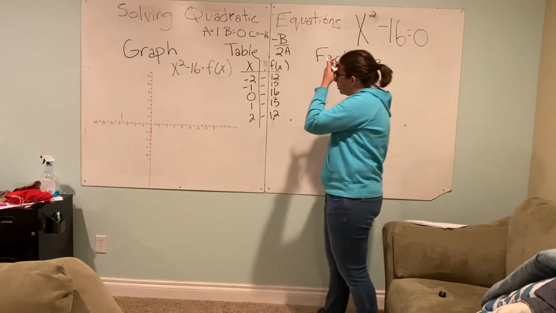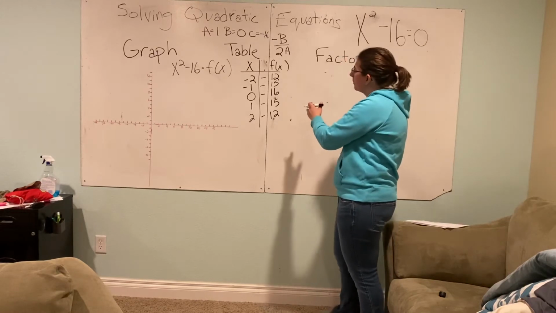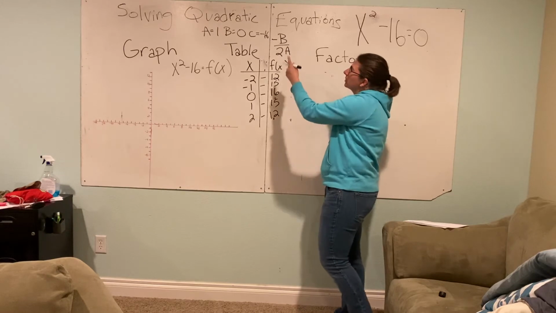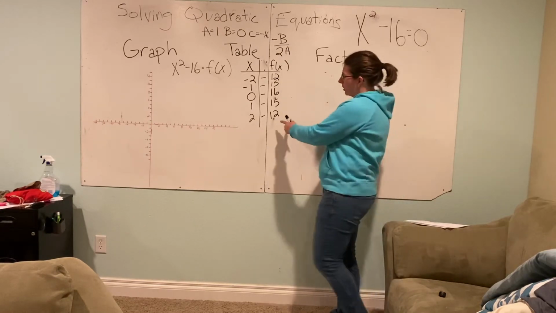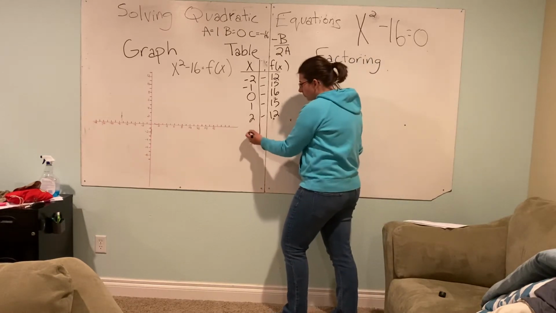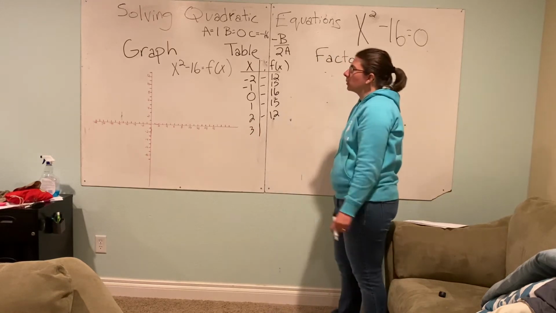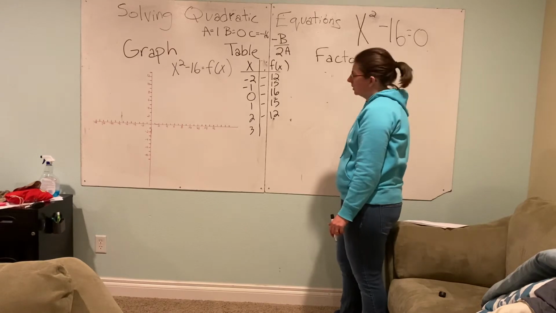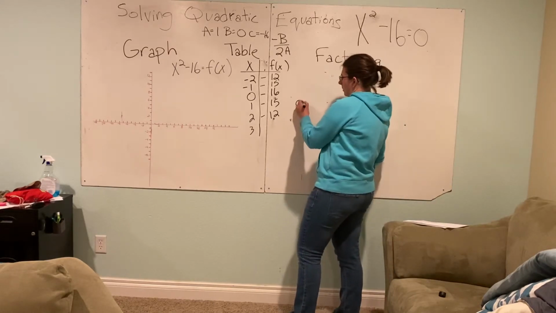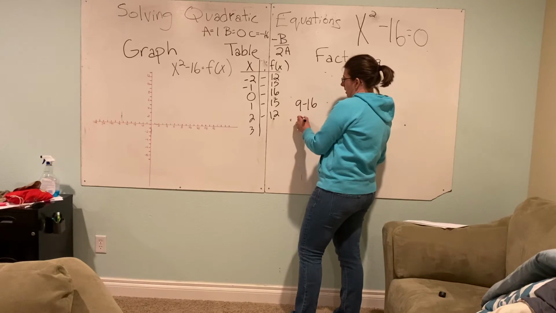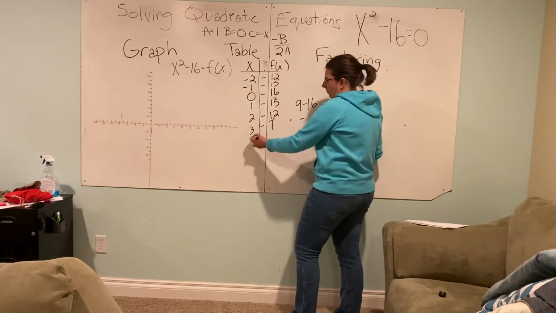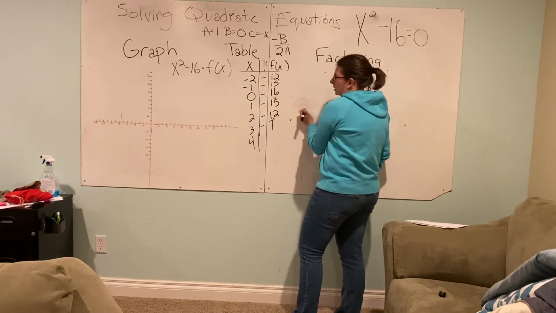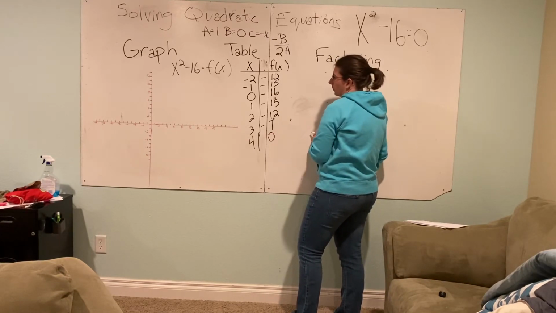Okay. We're going to actually keep going. If we were just graphing, we would just stop at these 5 points. But because I'm actually asking us to solve them, we really want to go until we hit 0 over here. 3. 3 squared is 9. 9 minus 16 is going to be negative 7. 4 squared is 16. 16 minus 16 is 0.